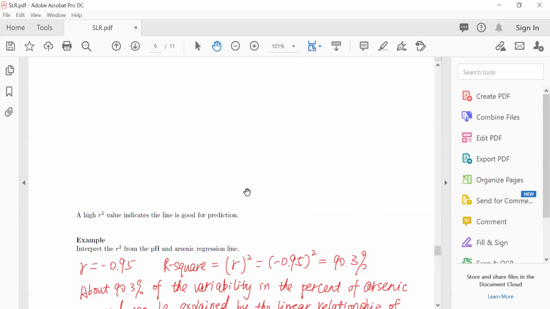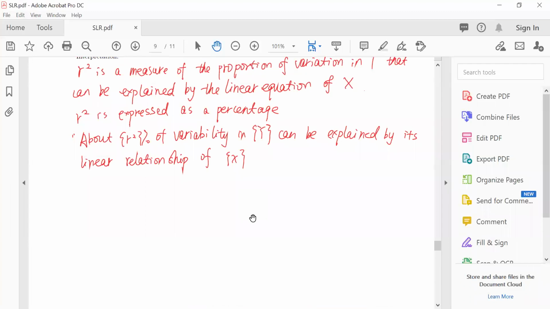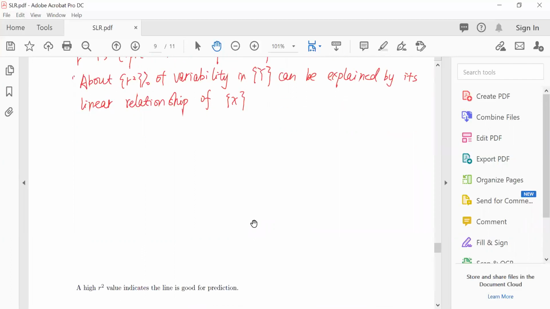So r squared is talking about the proportion of the variation of y that could be explained by the linear equation of x. Now, let's take a look at 2 graphs. Suppose this is a graph. This is another sample.